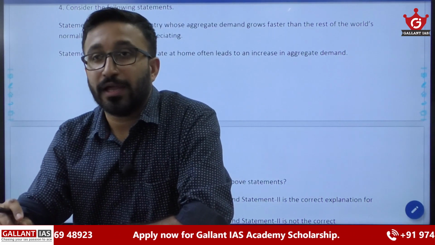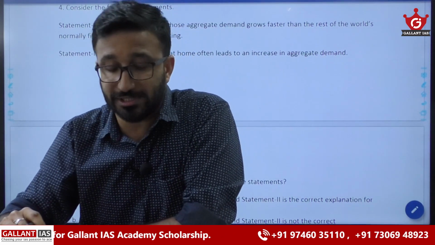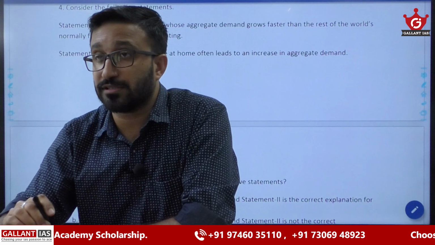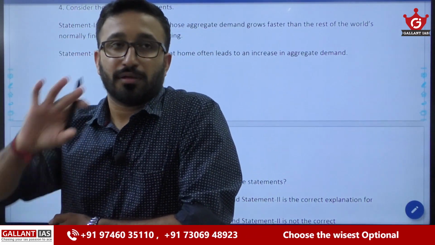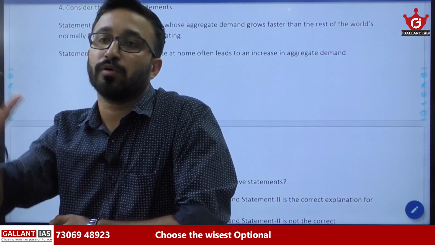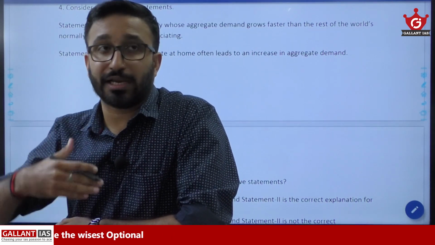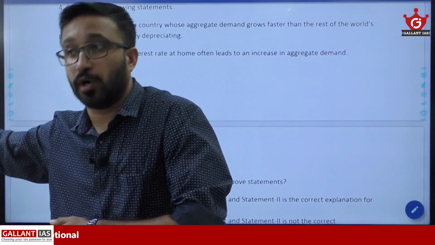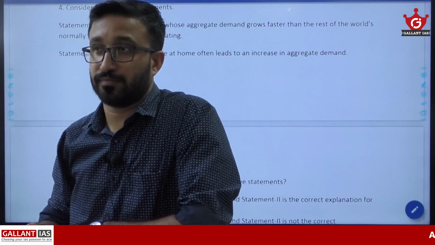In general, a country whose aggregate demand grows faster than the rest of the world normally finds its currency depreciating. When you get a statement, crack it, get into the basics of that question, then solve it. So here, the statement is, when aggregate demand grows faster than the rest of the world, the home country's currency is depreciating.